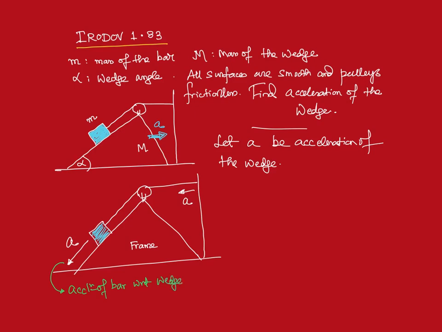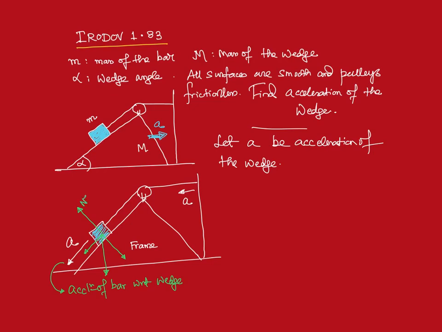And now let's look at the forces that are acting on the bar and the wedge. So first we'll apply Newton's law on the bar. So that is the weight of the bar. So we can resolve into the components. So first I'll draw the forces. Separately I'll draw the free body diagram.